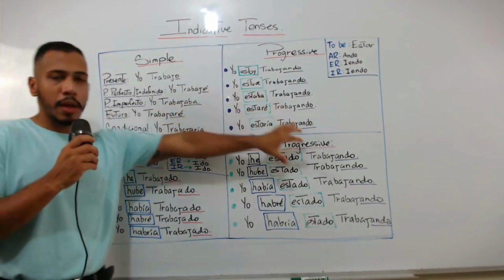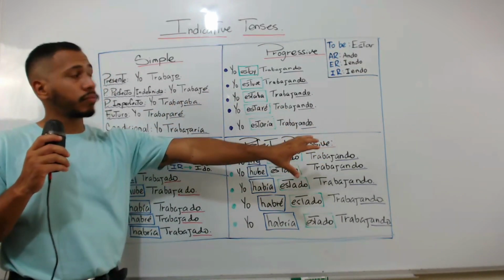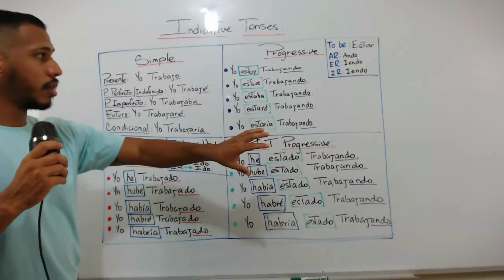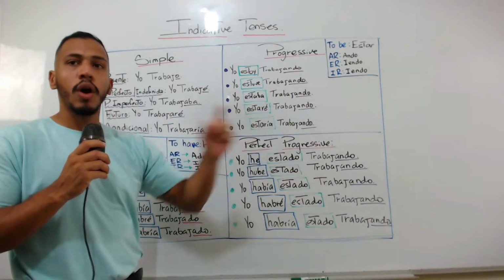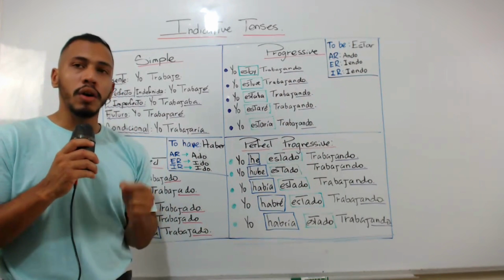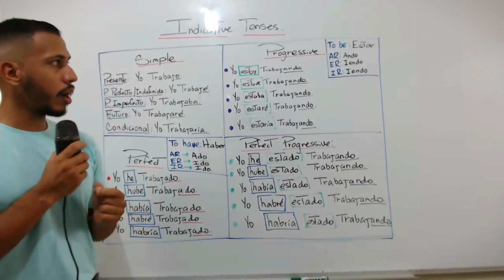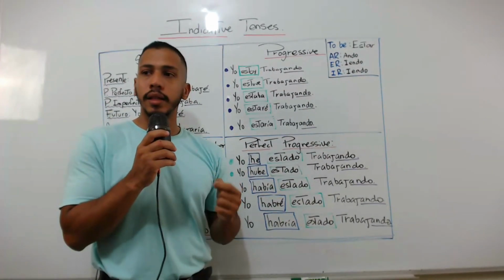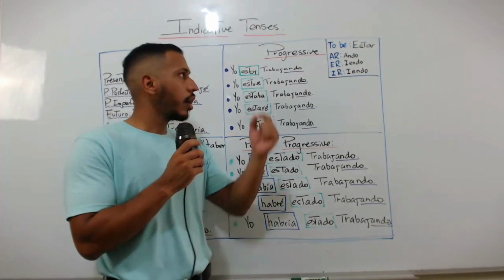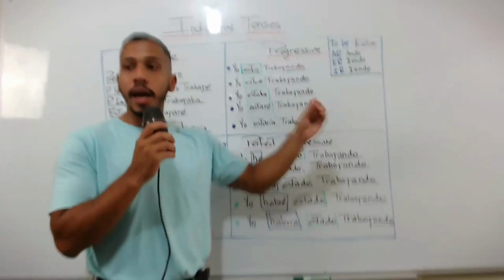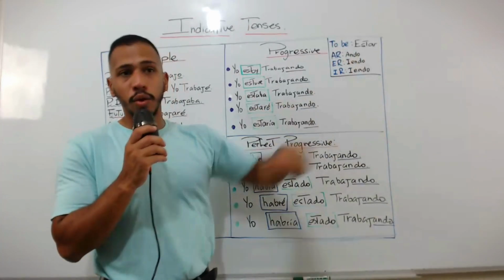What happens here in progressive sentences? Now that main verb will be set in a certain way, depending upon its ending. If the verb ends in AR, it's ando.